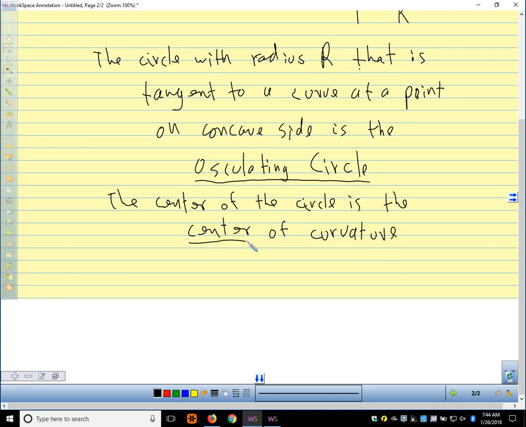So at any point on a curve, we can approximate the point on that curve to be moving in a circle with the radius being the radius of curvature. So at any point we have this circle. So it's like an assembly of a whole bunch of arcs and circles, like sectors. Right, right. So let's look at a picture of the osculating circle and talk about how we can find the center of curvature.